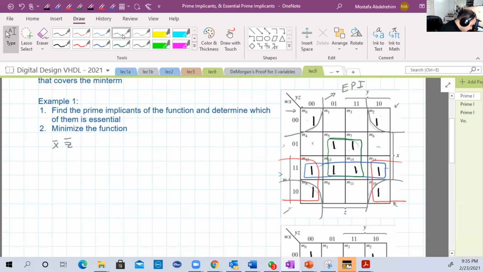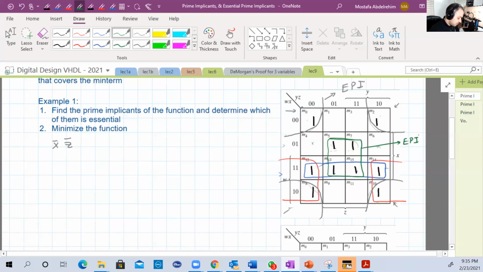Now let's go to the green one. These two ones in the third row are contained in the blue prime implicant, but the top two in the second row are only contained in this green prime implicant. So the green is an essential prime implicant. And what is this green here?